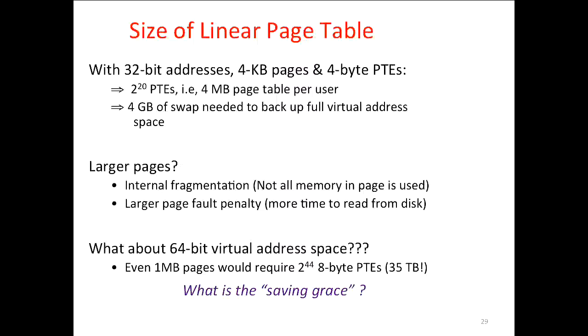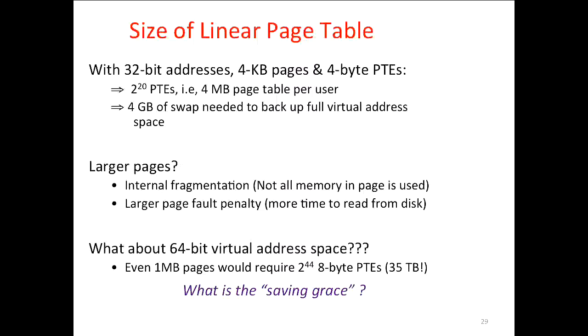The real insight that makes this all work is that not every program uses all of the virtual address space. Not every program needs all 4 gigabytes on a 32-bit machine. And on a 64-bit machine, no program uses all of the 64-bit address space. They all use a small fraction of it. So you only need to represent the translations for the portion of address space you're actually using.